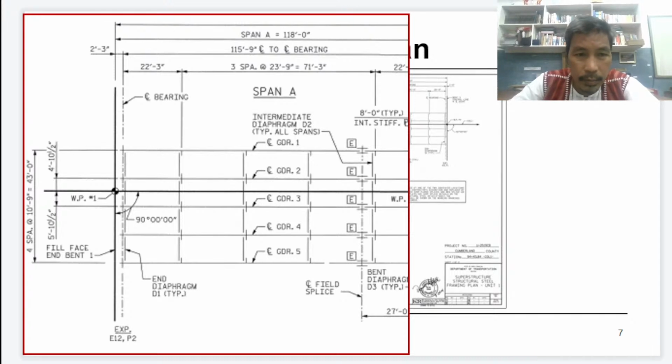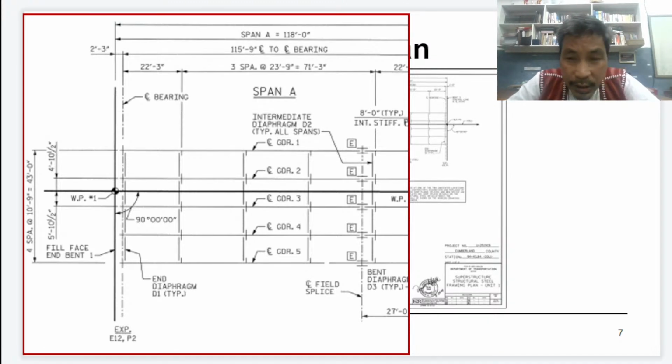Okay, so we have the calculator here. 3 times, what is the span? 23 and 9 inches. So 9 inches is actually how much? 0.75. 9 inches is 0.75 feet.